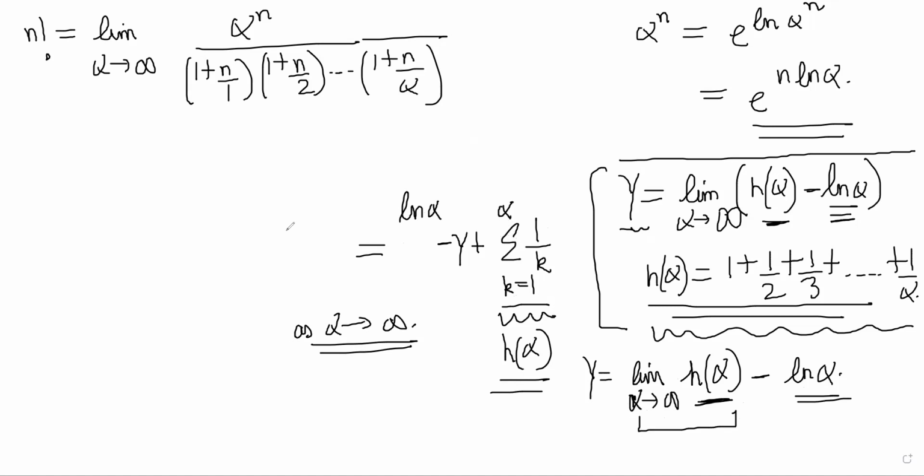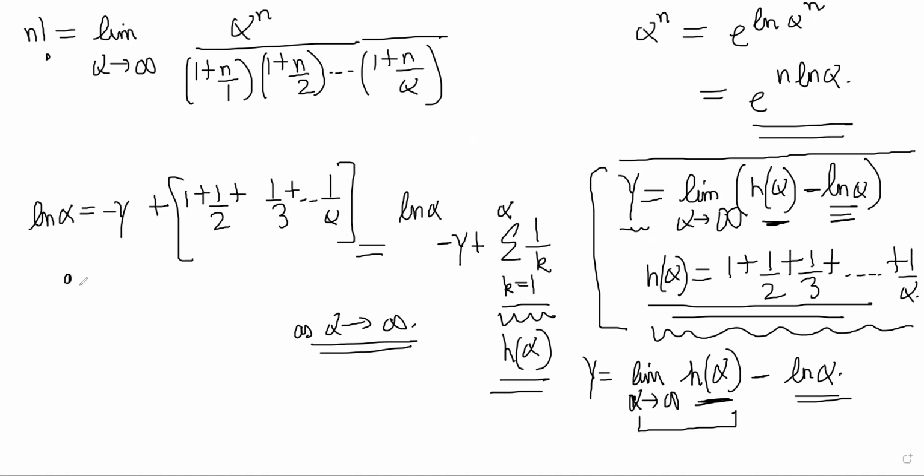So what we can say is ln alpha is minus gamma plus 1 plus 1 by 2 plus 1 by 3 till 1 by alpha as alpha tends to infinity, right? Okay. So this is going to be useful here. The gamma constant is something that you need to be aware of, what it really means.